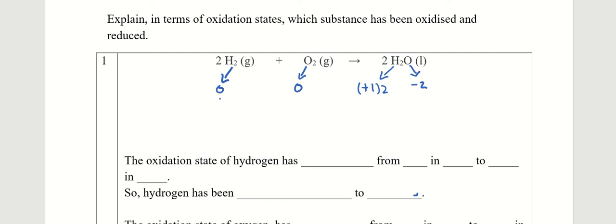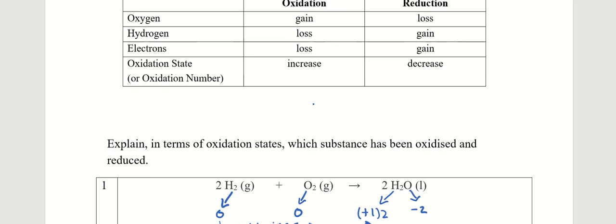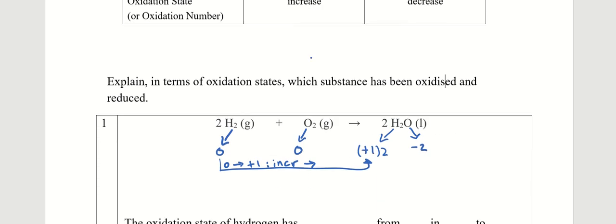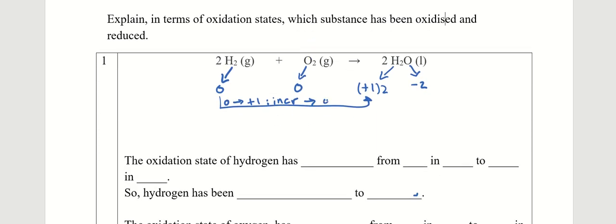Okay, so now let us see how the oxidation state of hydrogen has changed. We can see that the oxidation state of hydrogen has gone from 0 to +1, and 0 changing to +1 is actually an increase in the oxidation state, which means the substance has been oxidized.